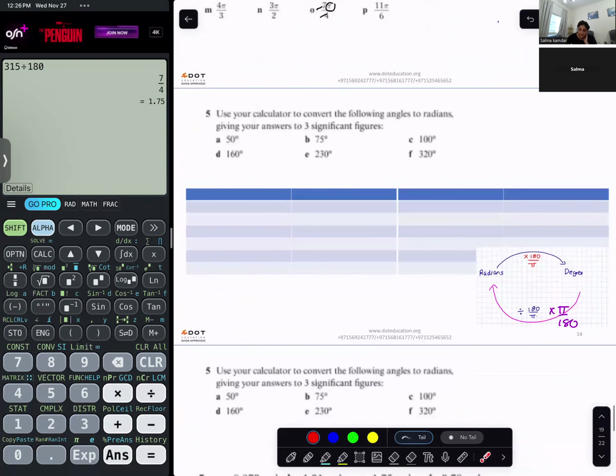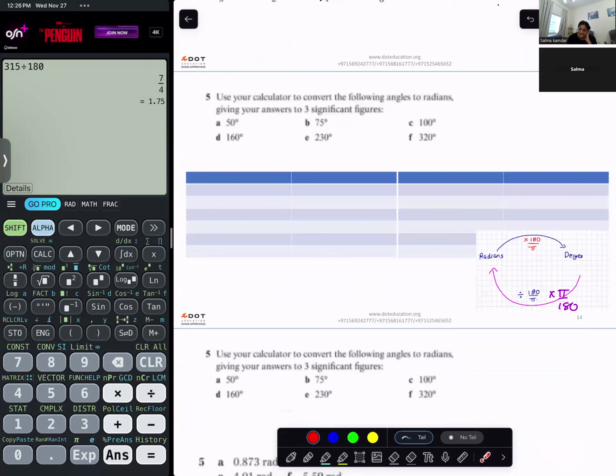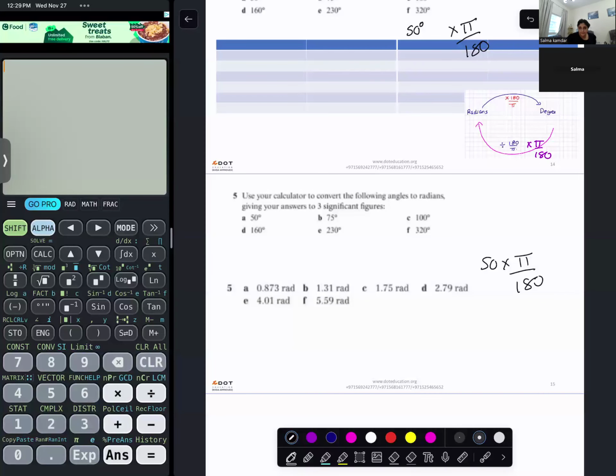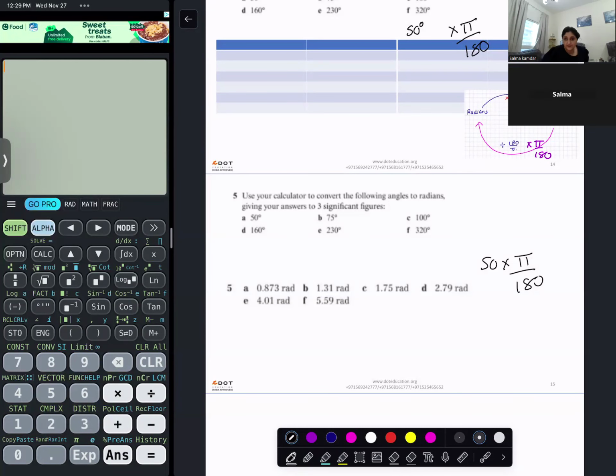Now, another one, use your calculator to convert degree to rad. I'm converting the degree to rad. That means I have to multiply it by pi over 180.